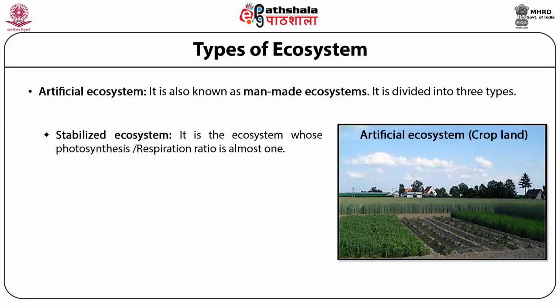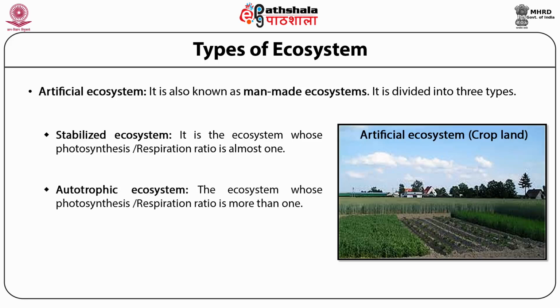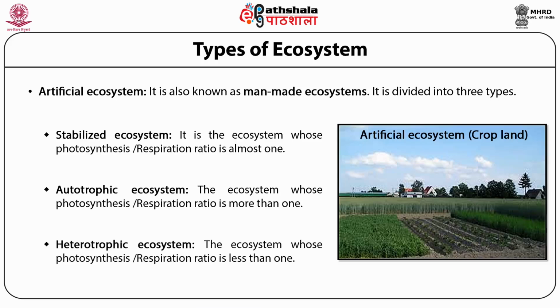Second type is autotrophic ecosystem. This type of ecosystem is formed when the photosynthesis by respiration ratio is more than 1. Third type is heterotrophic ecosystem. This type of ecosystem is formed when the photosynthesis by respiration ratio is less than 1.